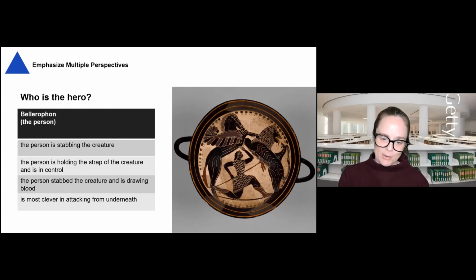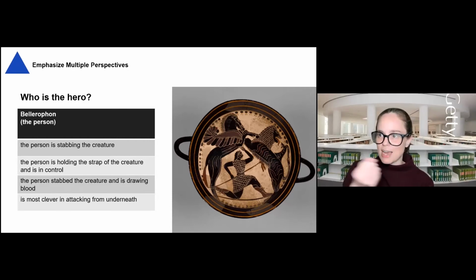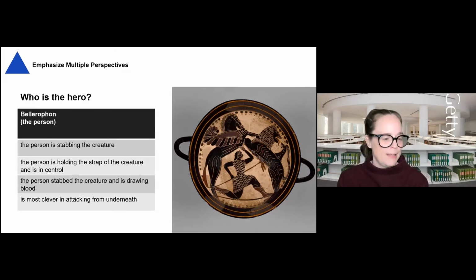And he's also holding the strap of Pegasus above. And then if you see where the spear is stabbing the chimera, you can see there's maybe some evidence of blood there. So maybe that signifies that he's the one who's really calling the shots in this battle. And then also maybe he's the most clever because he's underneath.